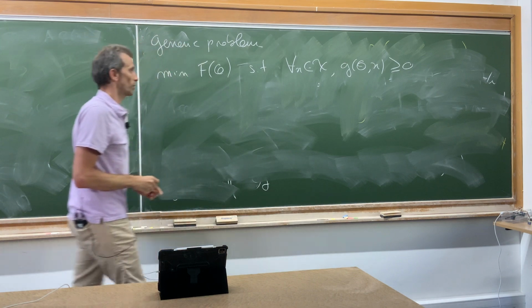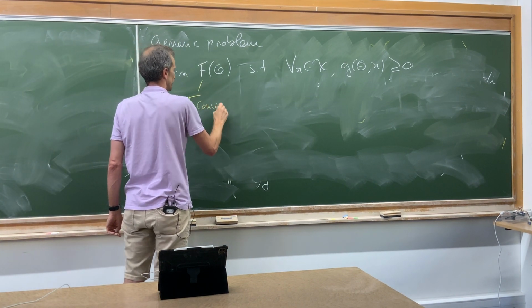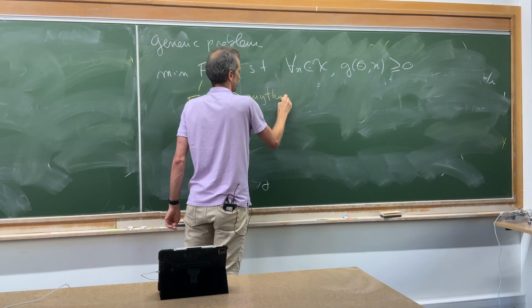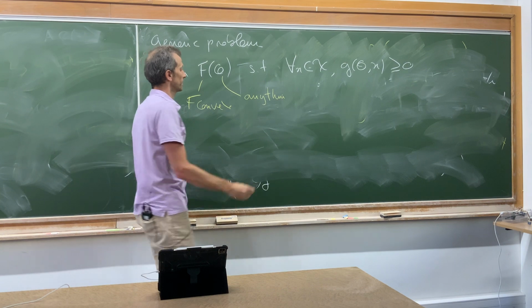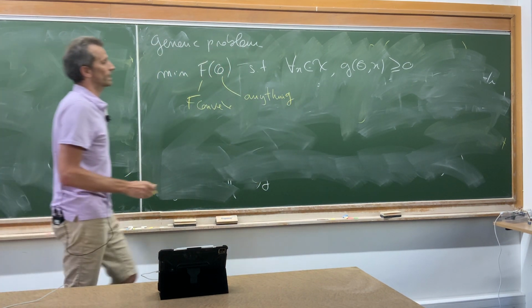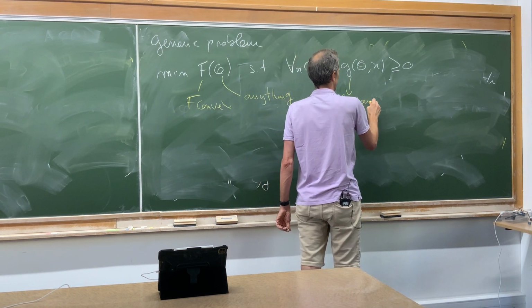It's a very generic problem. You need, for us, f convex. Theta can be anything, a vector space, it can be an infinite-dimensional vector space. And here we need linearity in theta, in the parameter.